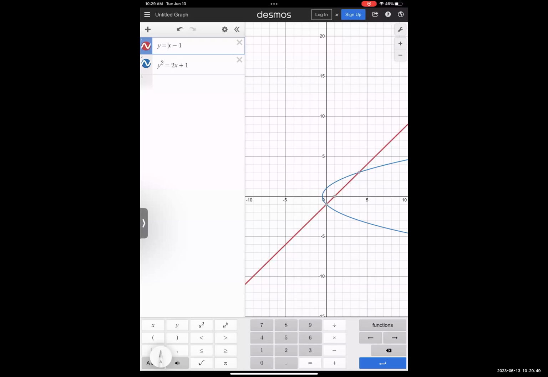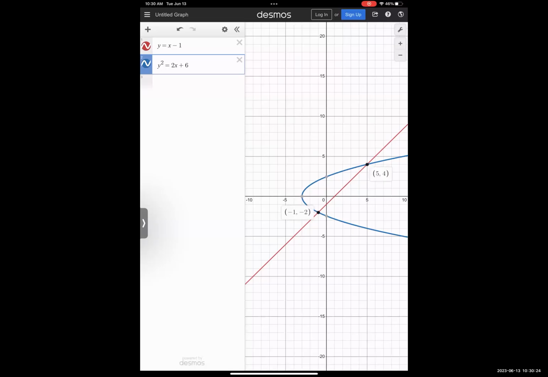You find the points of intersection, and in that case, -2 should be... oh, hold on. Okay, there you go. That's why you see the intersections are the points that we found already. And then you can go on.